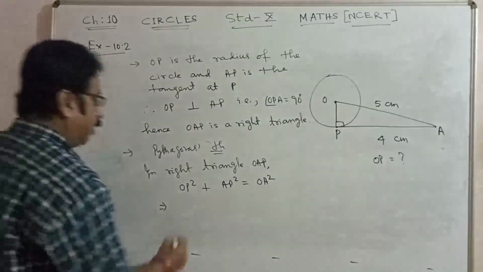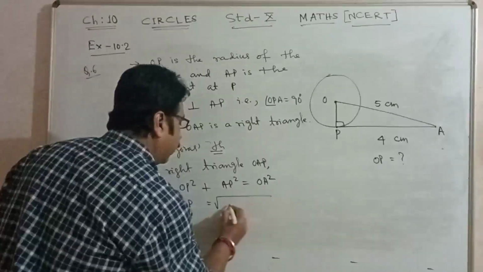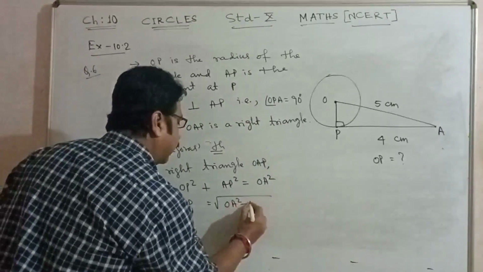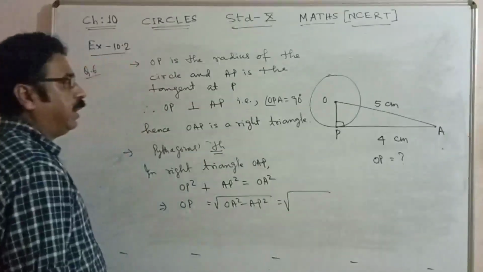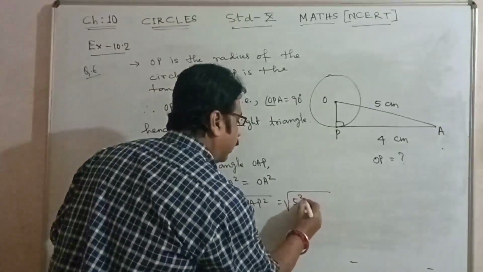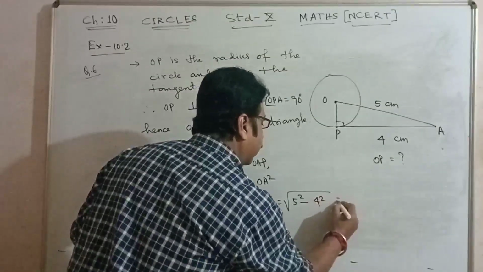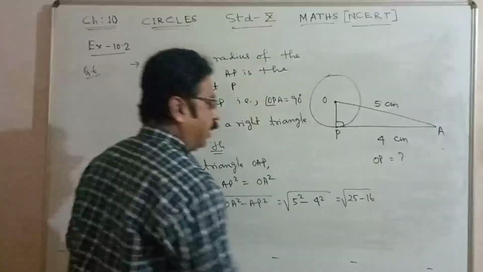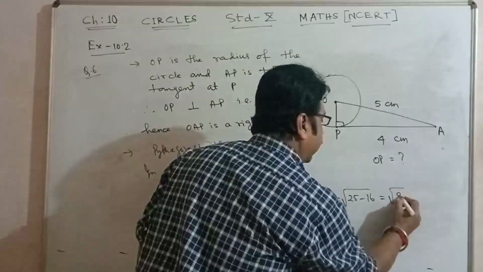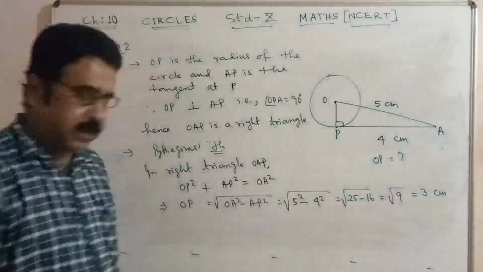OP, we do not know. We can write OP equals to root over OA square minus AP square. OA means 5 square minus AP means 4 square, 25 minus 16, square root 9, it will be 3 centimeter. So we got the answer.